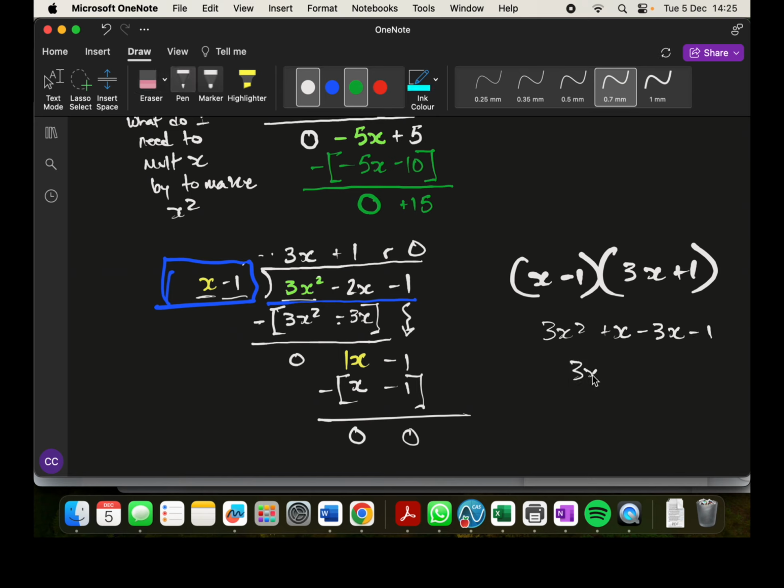So I get 3x squared minus 2x minus 1. So what we've actually found is we found one of the roots. We've done the polynomial division, and we've discovered that this is actually a root of that.